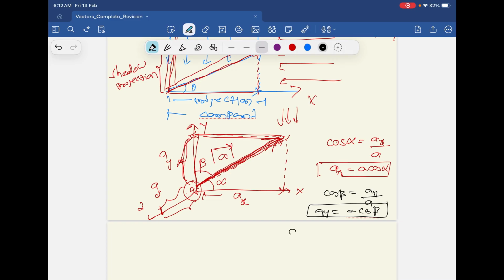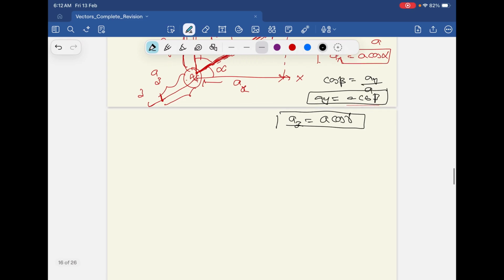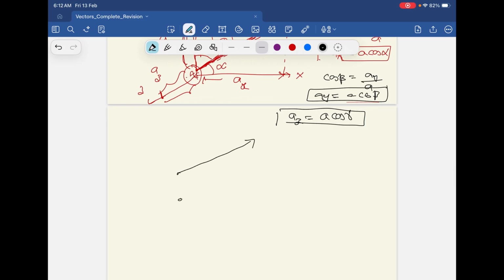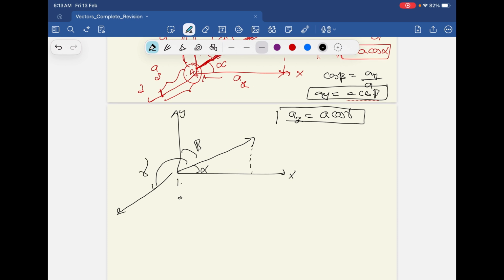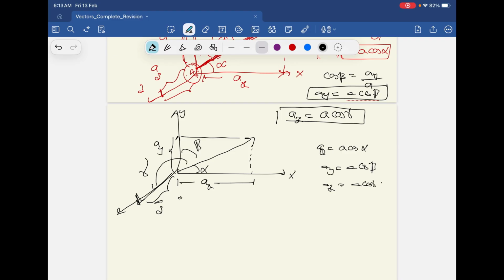Similarly, z-axis also, az is equal to a cos gamma, the angle it is making. So when a vector in space makes some angle alpha with x-axis, beta with y-axis, and gamma with z-axis, then the respective components, the projected lengths, along x direction is ax, along y direction is ay, along z direction the intercepting length is az. Then ax becomes a cos alpha, ay becomes a cos beta, az becomes a cos gamma.